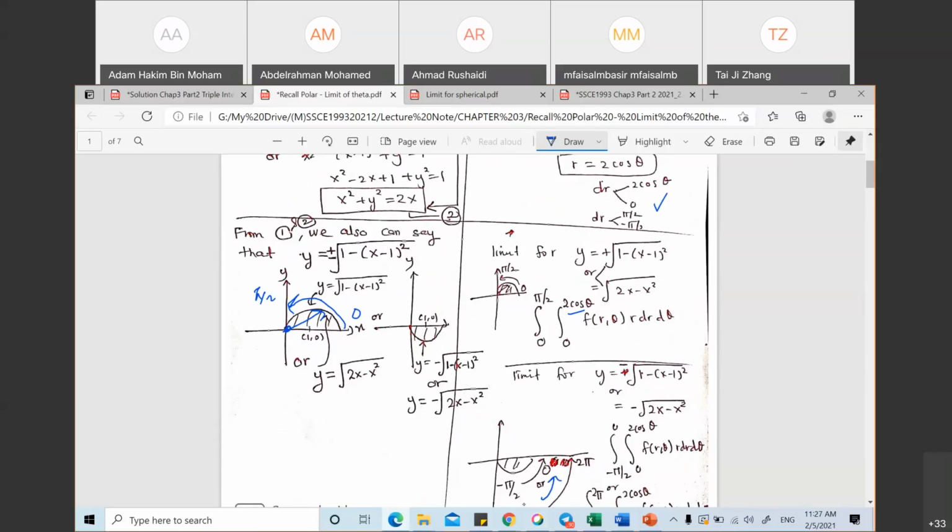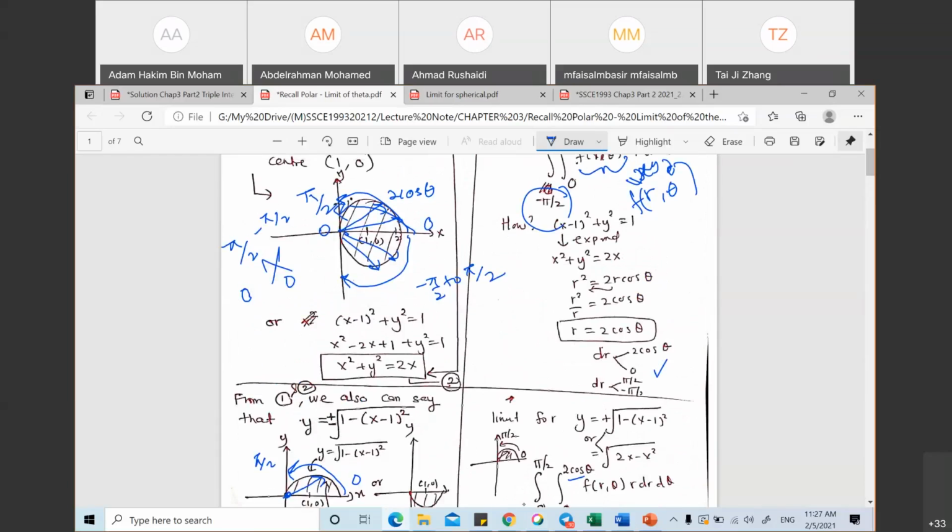Always the lower limit should be the lower angle, and the upper limit should be the upper angle. You cannot put negative pi over 2 here and 0 here. This is special if only this one. If both, it becomes the upper one, like this.